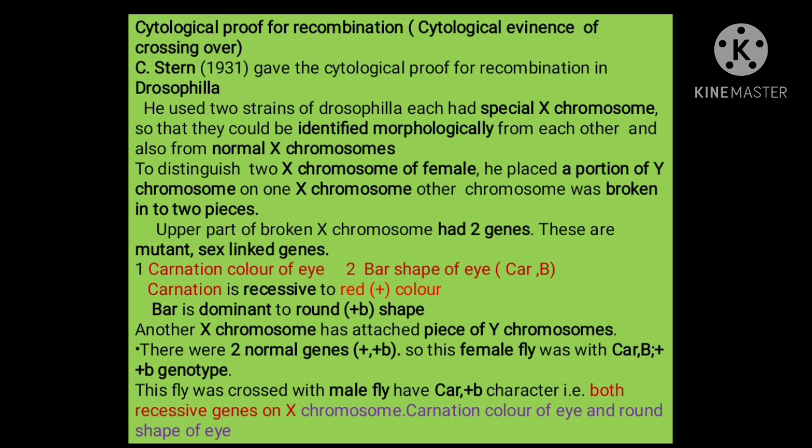There were two normal genes, that is plus and plus B. So this female fly was with a car B, plus B genotype. This fly was crossed with a male fly having car plus B character, that is both recessive genes on the X chromosome: the carnation color of eye and round shape of eye.